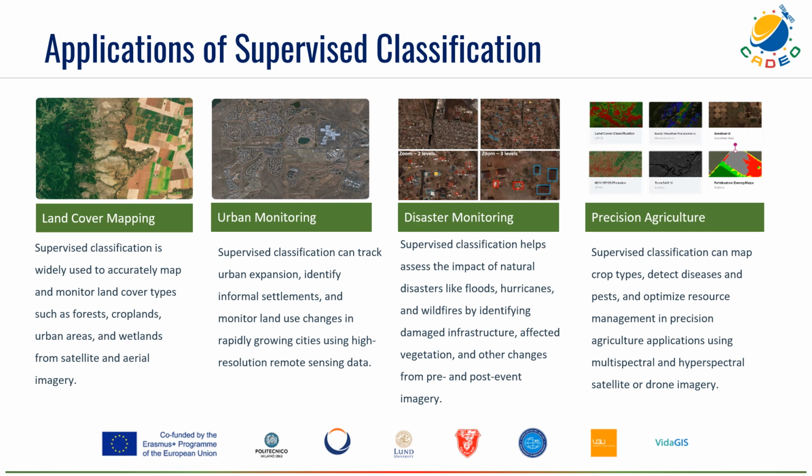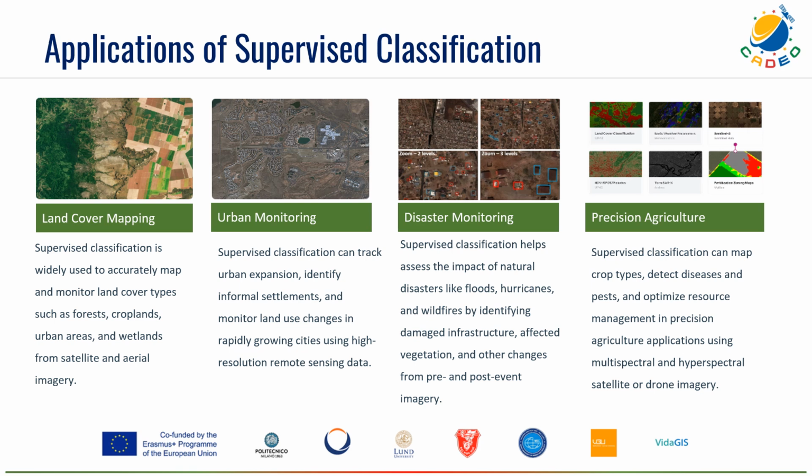Supervised classification algorithms can be applied to satellite and aerial imagery to accurately identify and map different crop types, monitor crop health, and estimate yield.